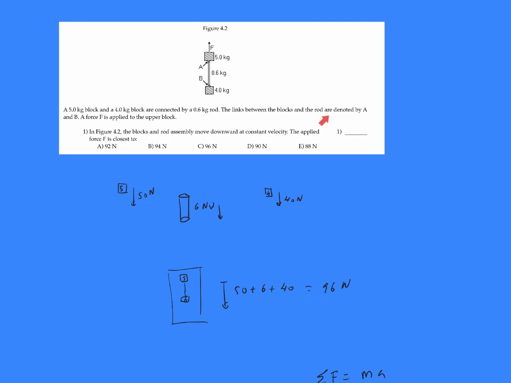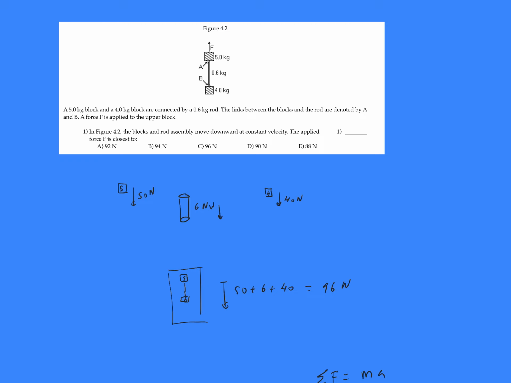The links between the blocks are A and B. And the force is applied to the upper block. So there is a force on the upper block.